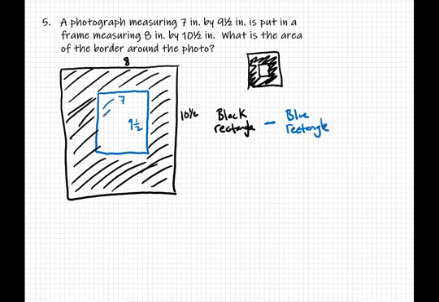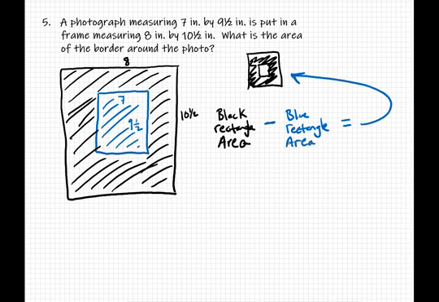Okay, so if we take the black and we subtract off the blue, that should give us exactly what we're looking for. So the black rectangle area minus the blue rectangle area.